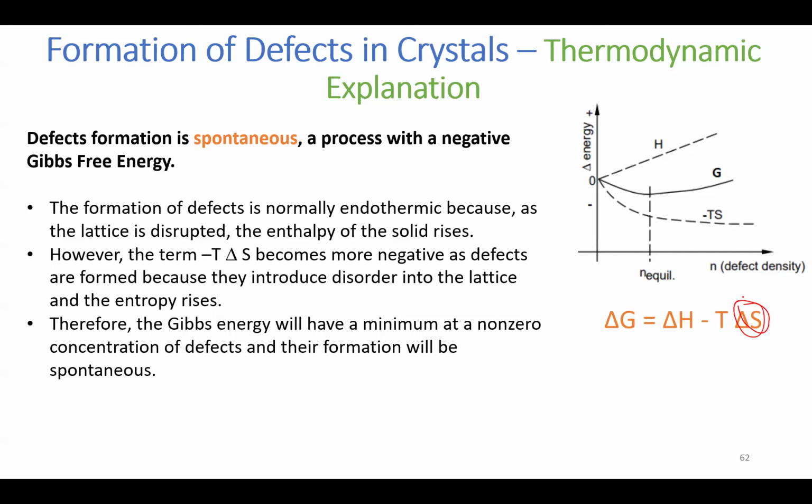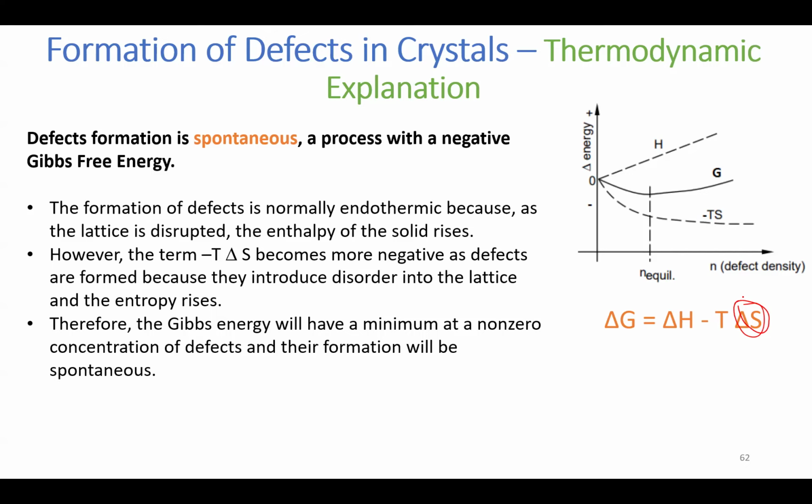So the higher the order, the lower the randomness, isn't it? So if the solid or lattice formation is acquiring an ordered pattern, that means the entropy is not positive.